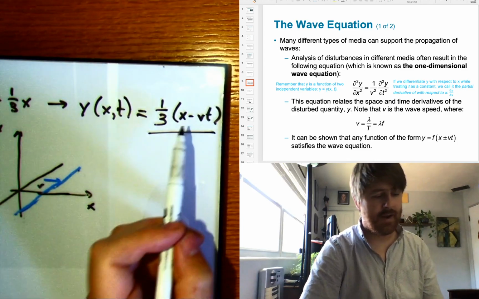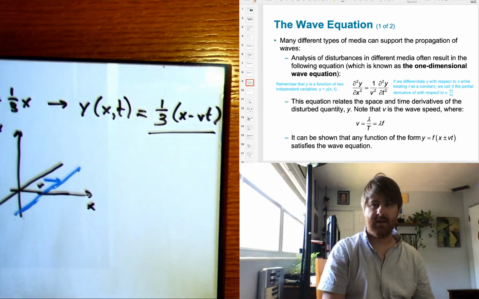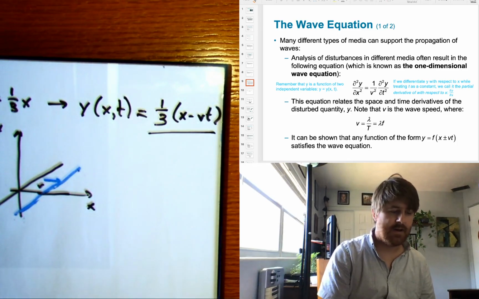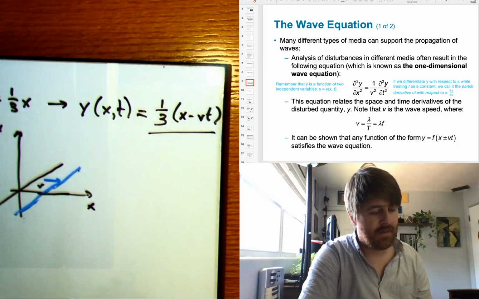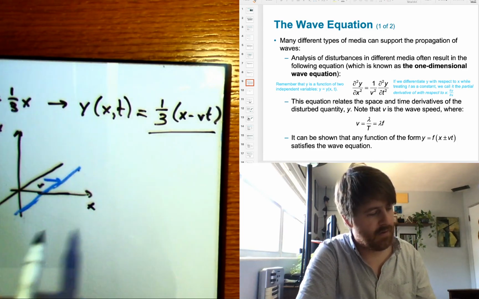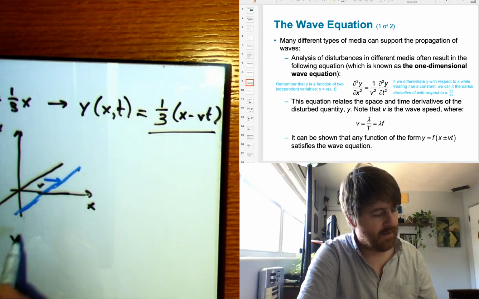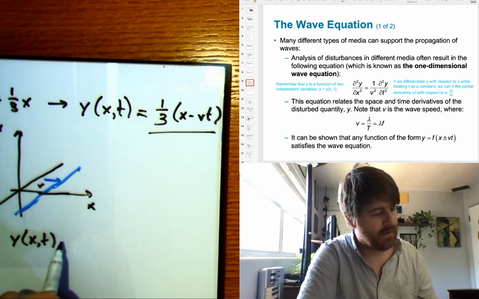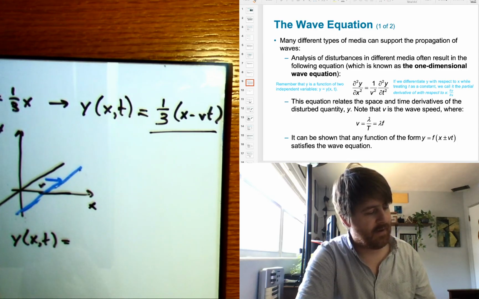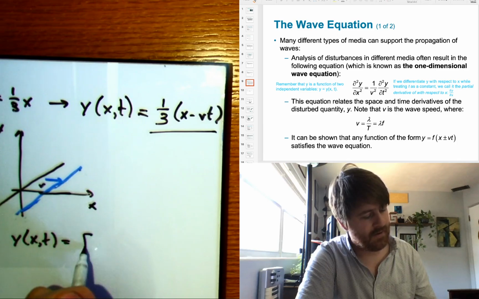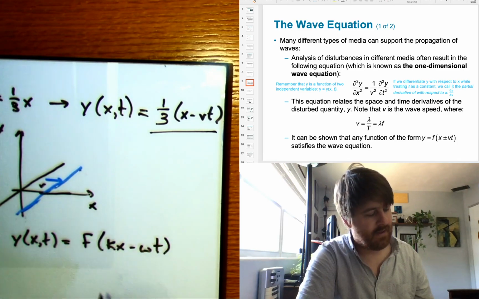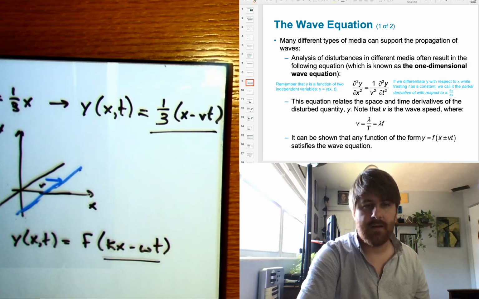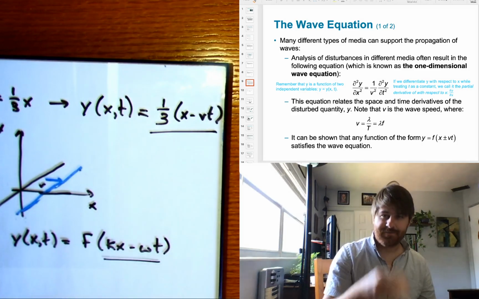It's got an argument x minus vt here. And if I have something that has a form y of x and t is some function of kx minus omega t, then it will be a wave. It'll always be a wave, no matter what that function is.